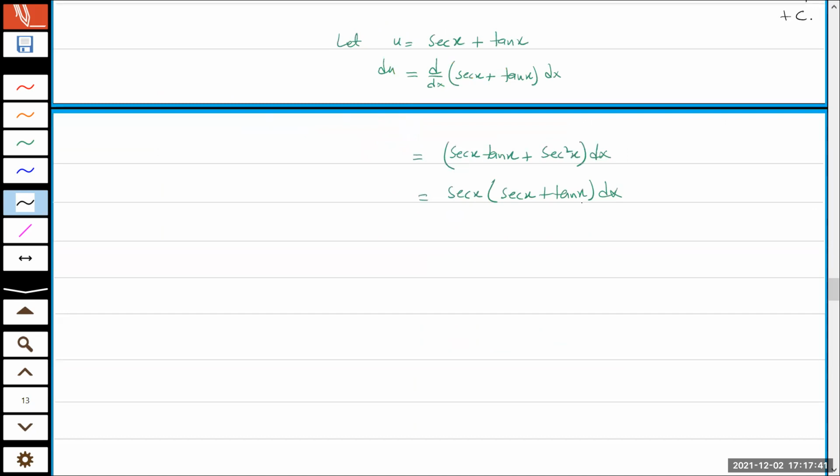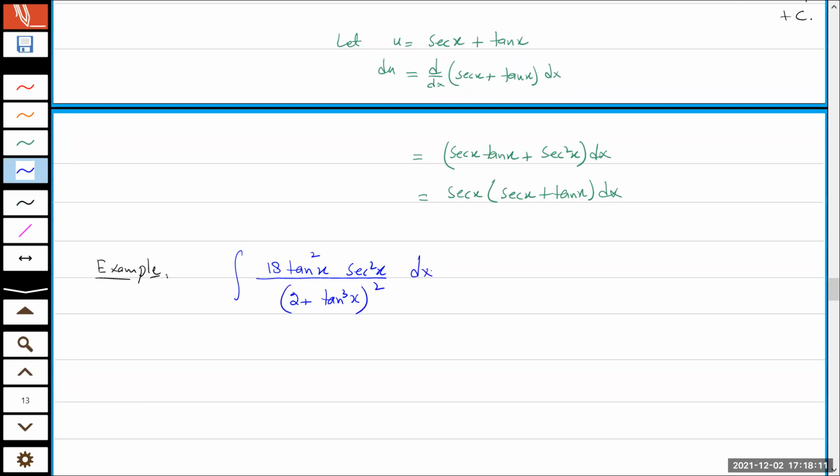Now, as a last example for today, let's take the indefinite integral of 18 tangent squared x secant squared x, all divided by 2 plus tan cubed x whole squared, dx.